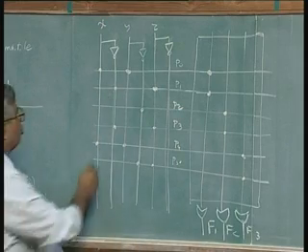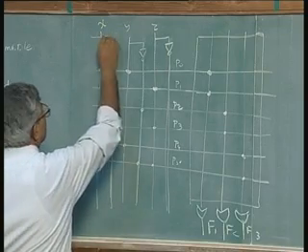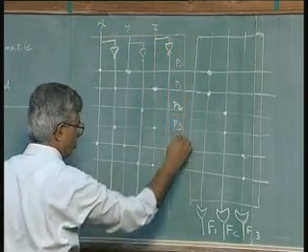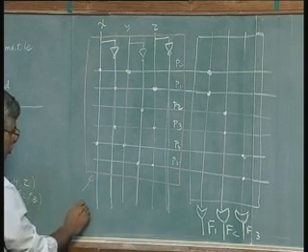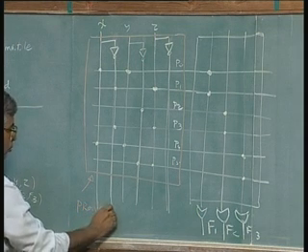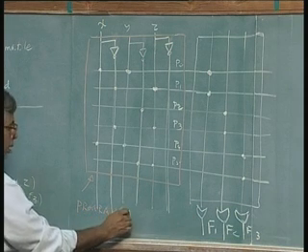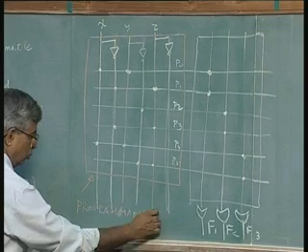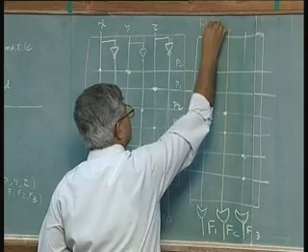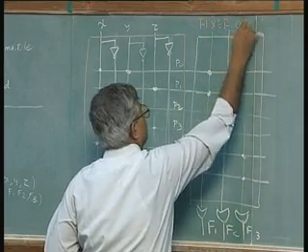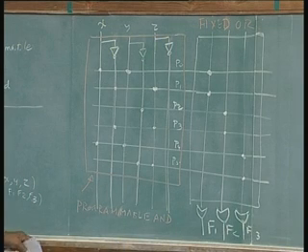So this is the programmable AND array, and this is the fixed OR array.